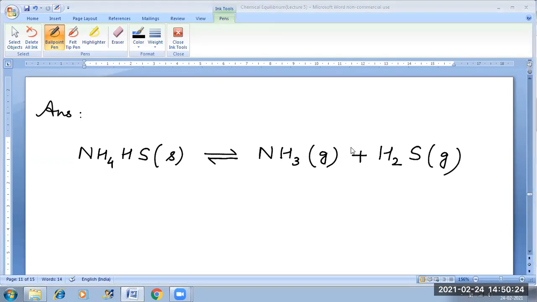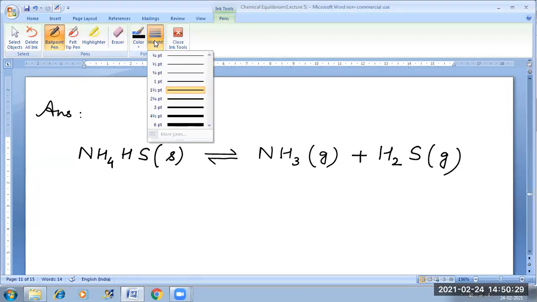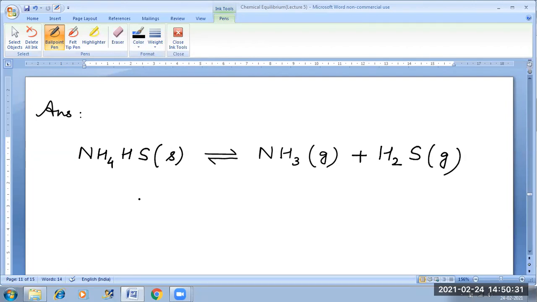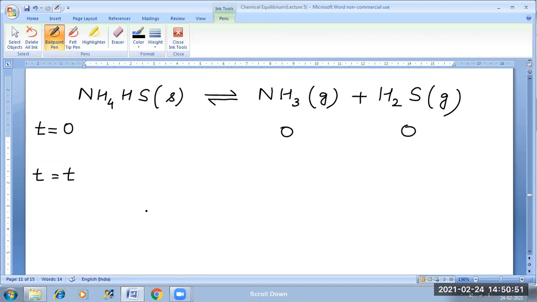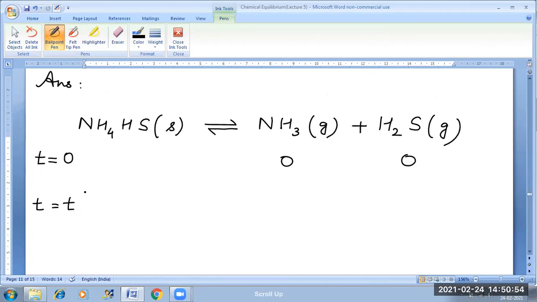This is the reaction. Initially this was not present. Now the total pressure at equilibrium is given in the question.